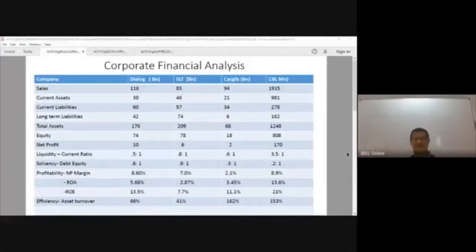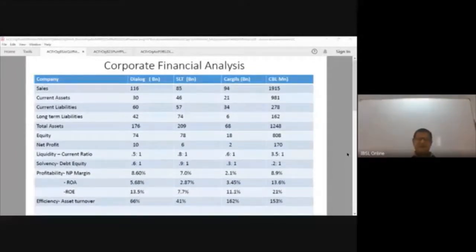So 176 total assets for Dialog, 209 for SLT, Cargill's 68 billion, and 1.248 billion for CBL. Then the other component on the liability side is equity, the shareholders' money. Dialog 74, SLT 78, Cargill's 18, and CBL 808.